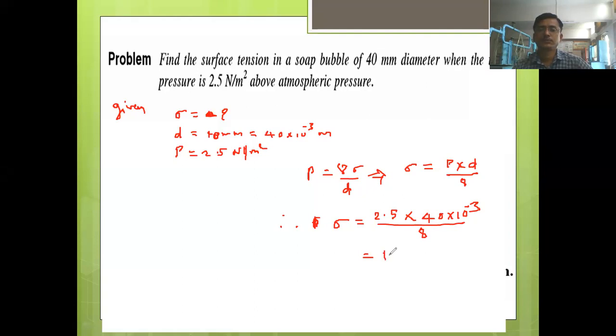Unit: Newton per meter. Let me check. 2.5 into 40 into 10 to the power minus 3 divided by 8.